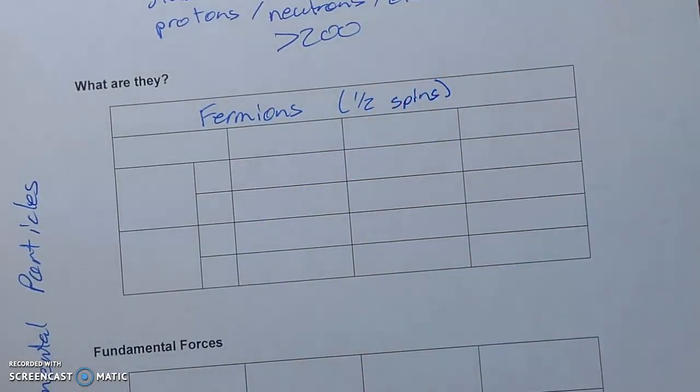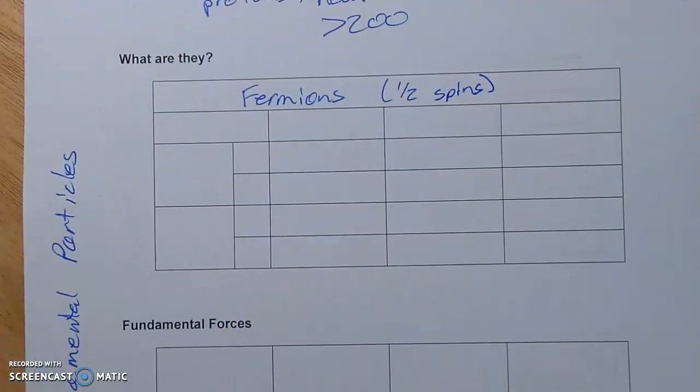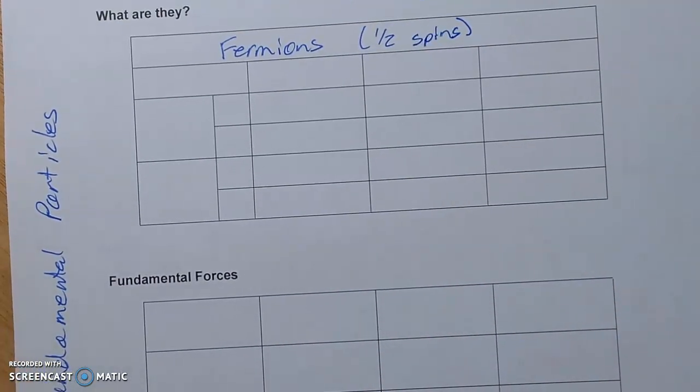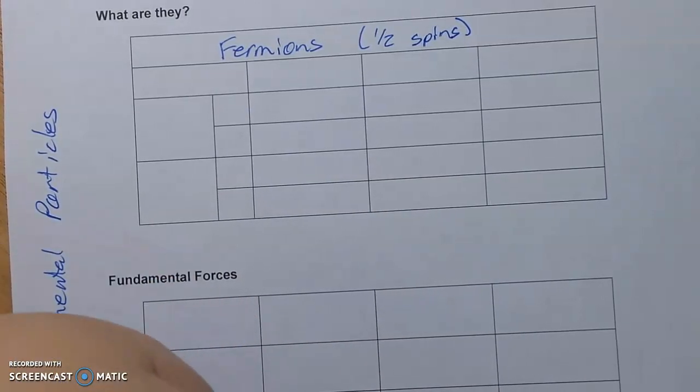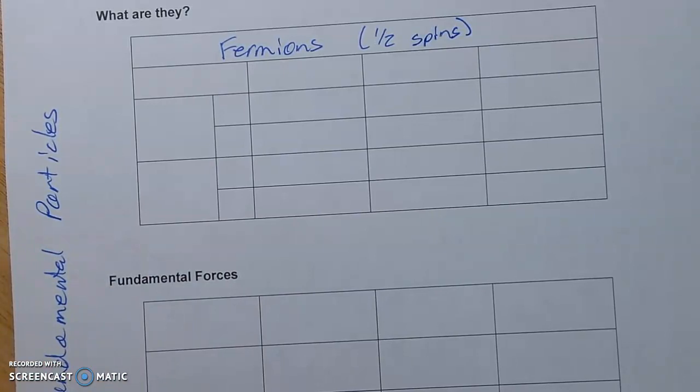That is different than what is called a boson, which is what we're going to study on the second half of this page, that have an integer spin. It's a description of an attribute. It's not like they're actually spinning halfway. It's just a descriptive thing for the subatomic particle.